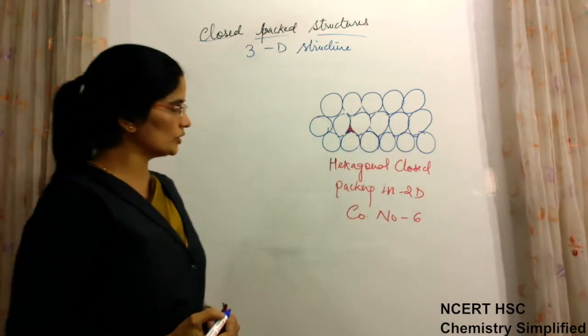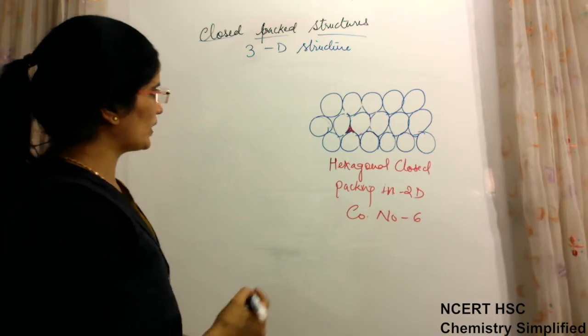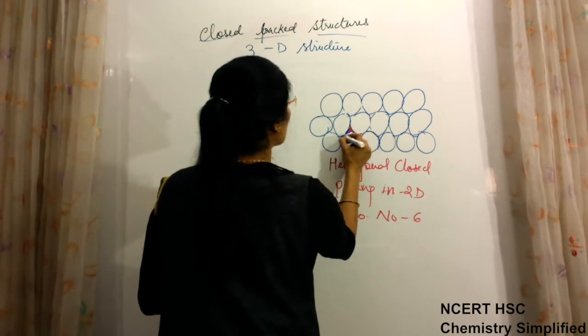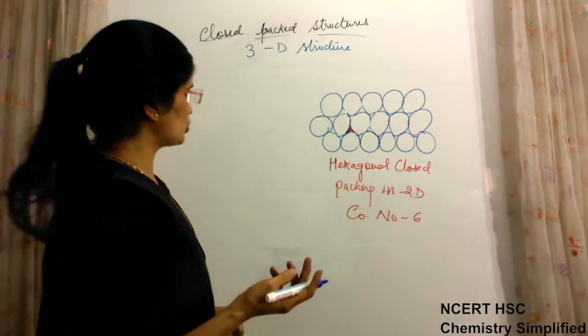Now this is hexagonal close packed structure in 2 dimension. Okay. Now from 2 dimension structure we have to come to 3 dimension structure.